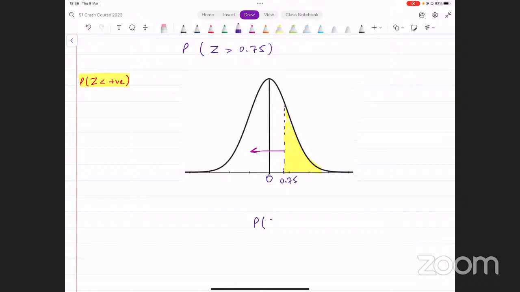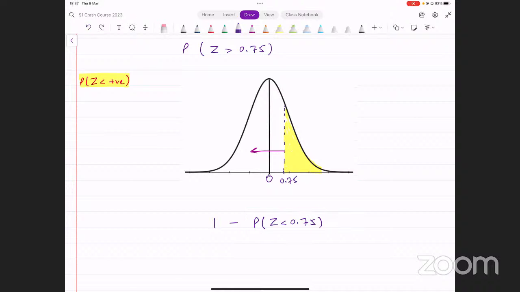So if we find the area to the left of 0.75 and subtract that from 1, remember the total probability is 1, so the total area under the graph is 1. If we subtract from 1 the area to the left of 0.75, we would be left with this area. And now this is something that we can find from the table.